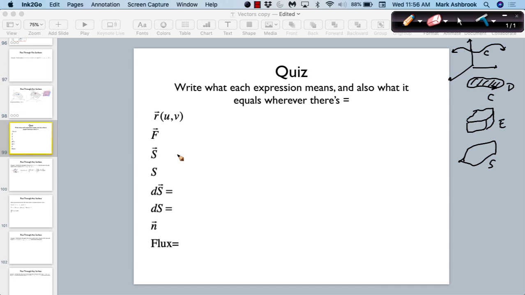It's not a change. Don't think of it as a change. It's a two-dimensional element. So kind of, but it's a small area vector. It's an area vector element. It's the area vector for a small element of your surface.